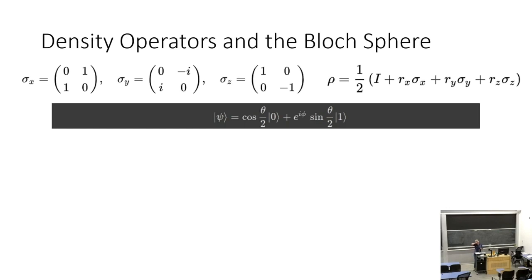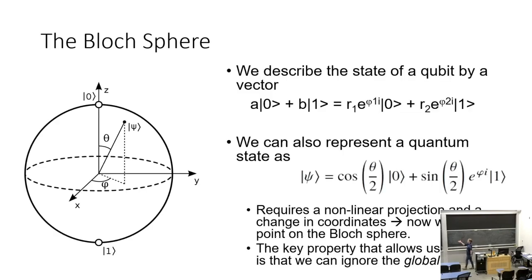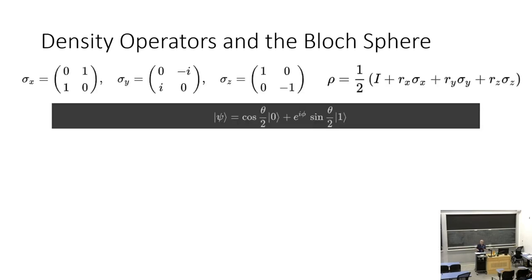Okay, so that expression for our quantum state is great when we have a pure state. We're at the surface of our unit sphere, and if we're in a pure state, it's really easy to understand what's going on. But if we have a mixed state, we want to think about the density operator as we introduced last class.